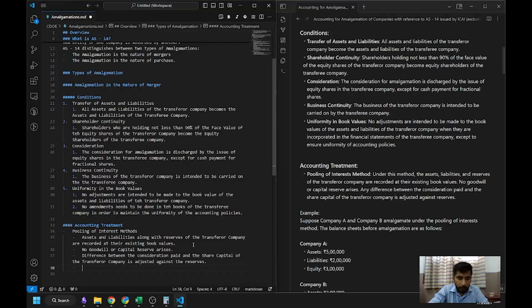Okay. So in the pooling of interest method, the assets and liabilities with reserves of the transferor company are recorded at their existing book values. No goodwill or capital reserve is there, but the difference between the consideration paid and the share capital of the transferor company is adjusted against the reserves.